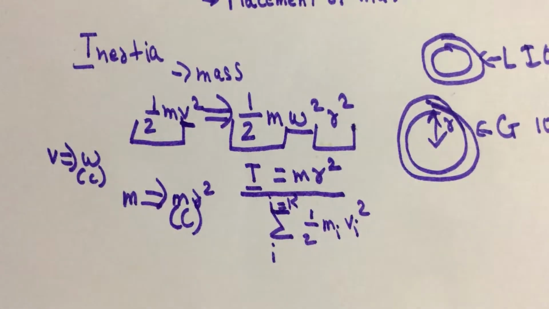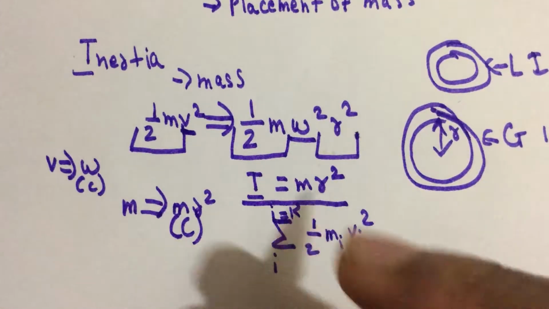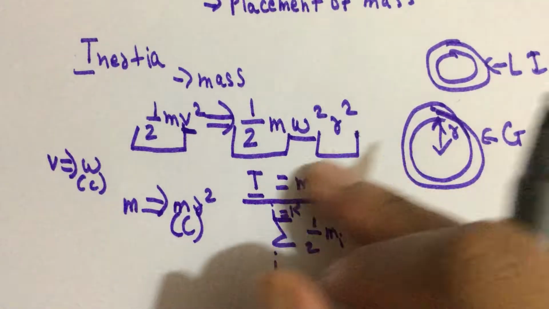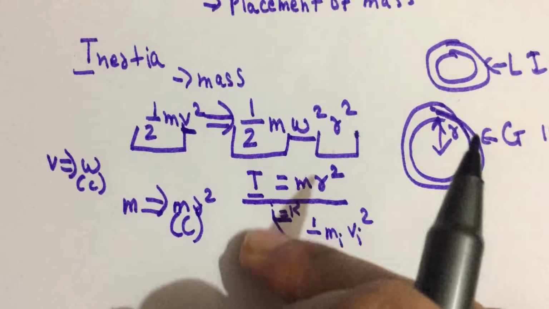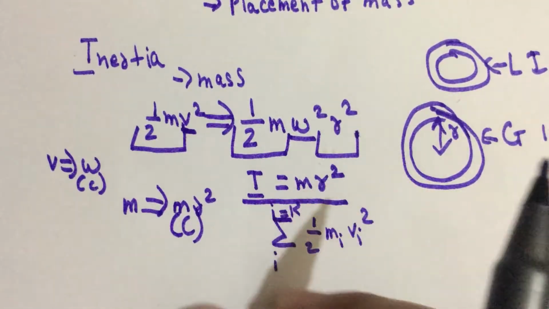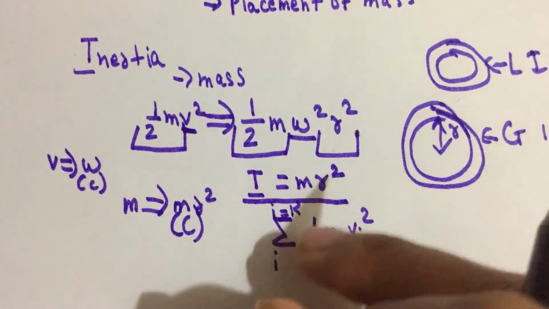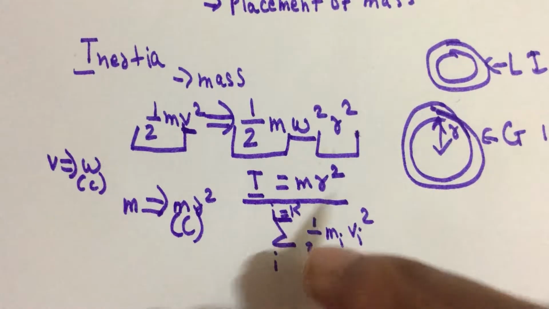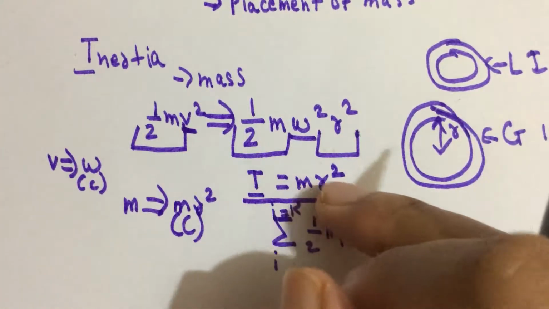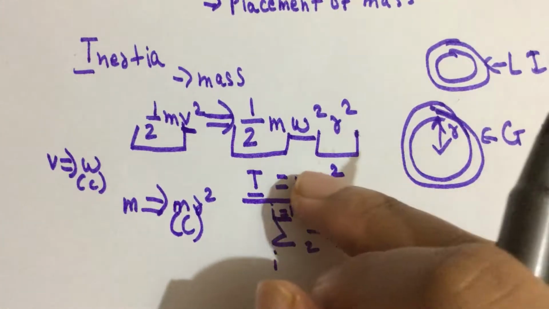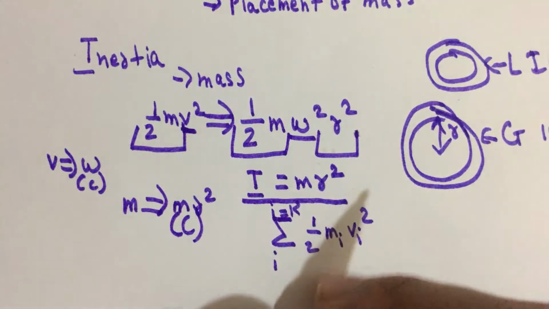Many objects will have an entirely different answer for this summation, or this integral. It can be written in integral form as well. So essentially I will not simply equal mr square. It will equal some other formula.